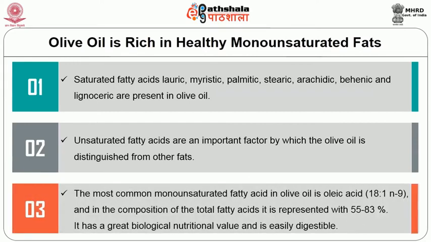The most common monounsaturated fatty acid in olive oil is oleic acid, and in the composition of the total fatty acid, it is represented with 55 to 83%. It has a great biological nutritional value and is easily digestible. That's why olive oil is a representative of the oleic acid oil group.